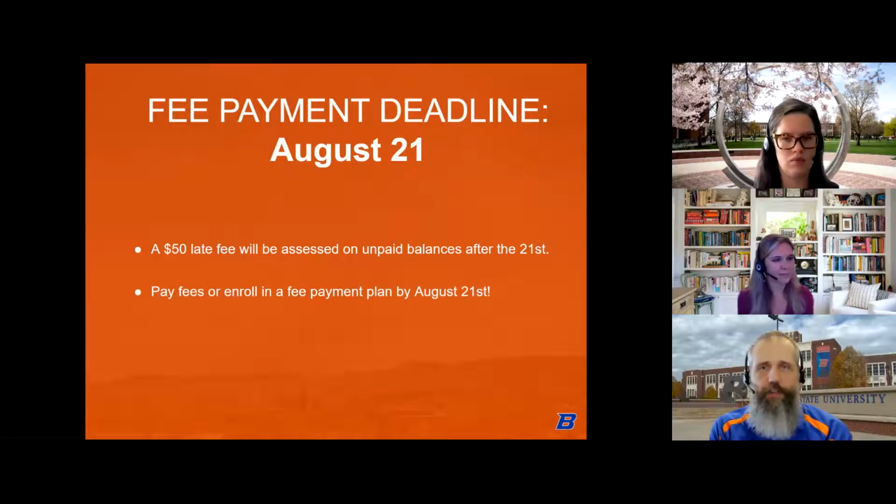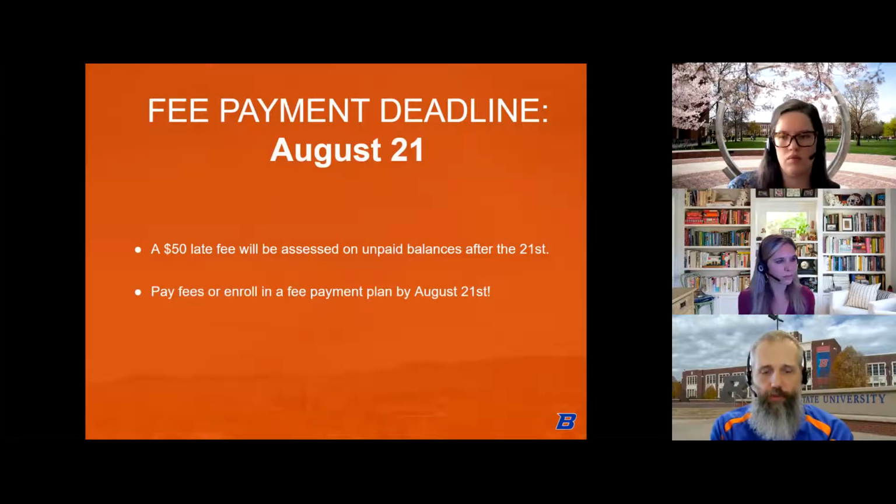If you're not using financial aid, if you're paying out of pocket, or maybe with an employer tuition reimbursement or something like that, we do have a fee payment arrangement plan that you can enroll in.